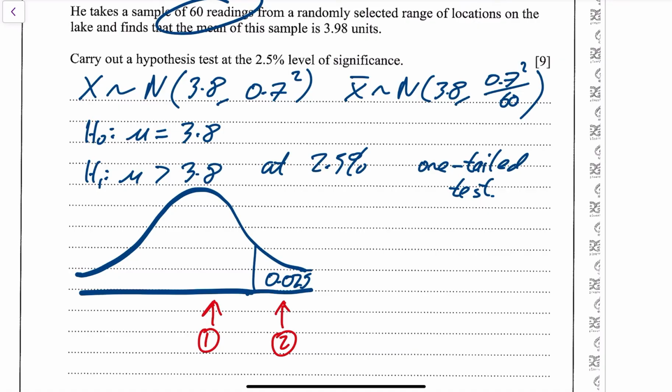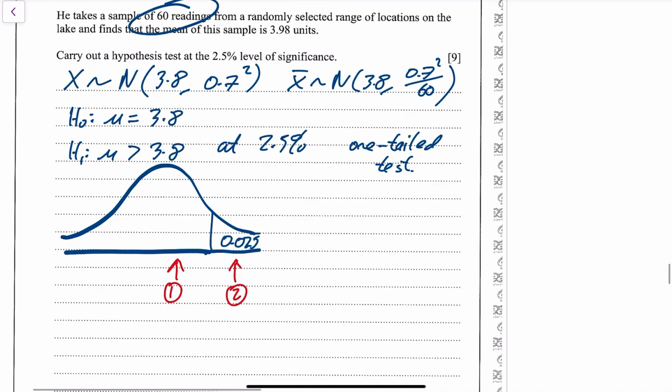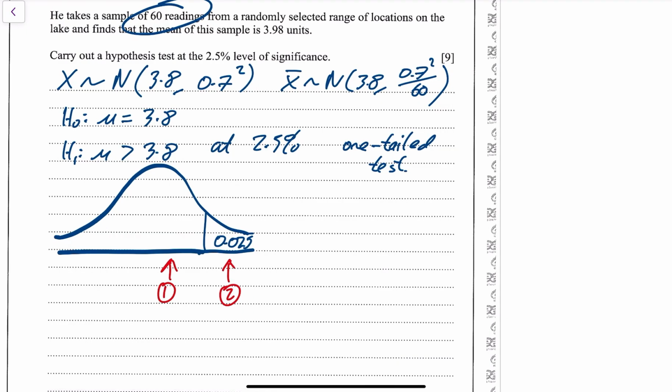If it's in 2, then I do reject H0. That's all we're doing. Sorry for the noise in the background, it's my 4-year-old kicking off. We want to find the probability that x bar is greater than or equal to 3.98.